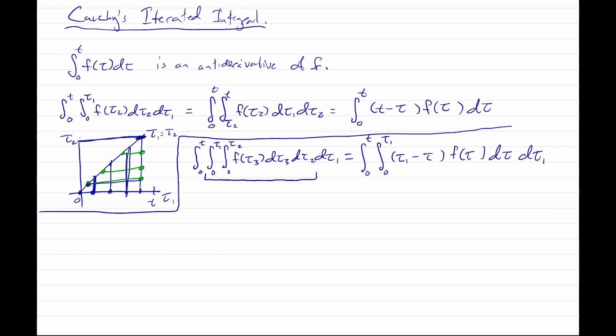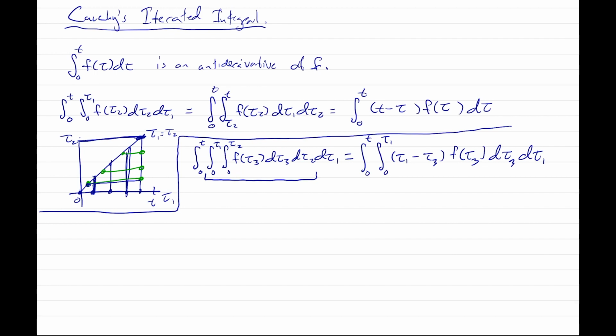What is that something? Well, it has to match whatever was inside of f. What's inside of f is tau 3, so I'm going to put a 3 here, and 3 here. Okay, great.